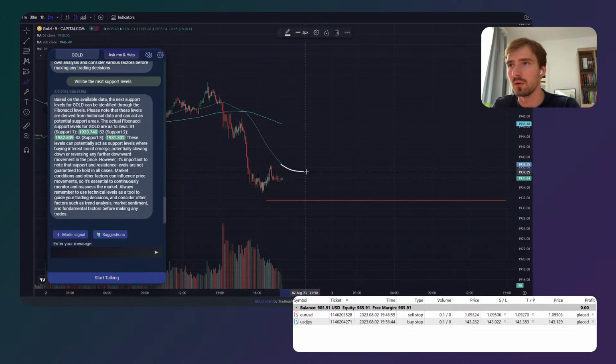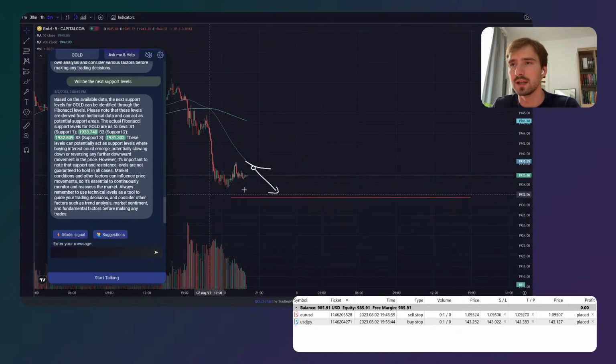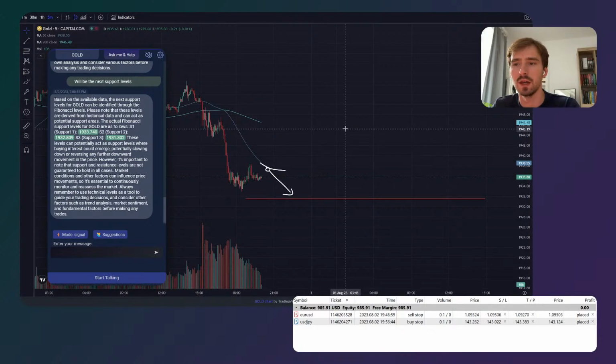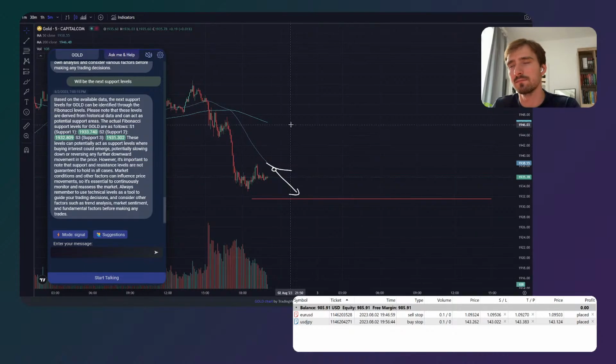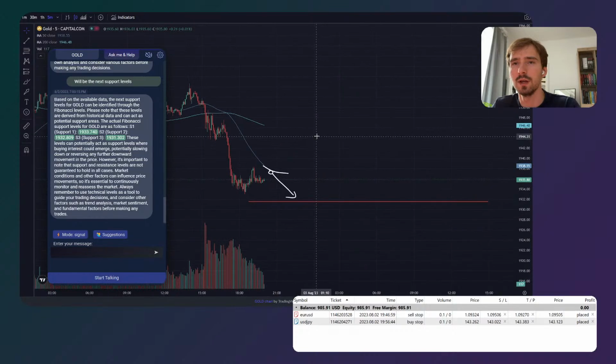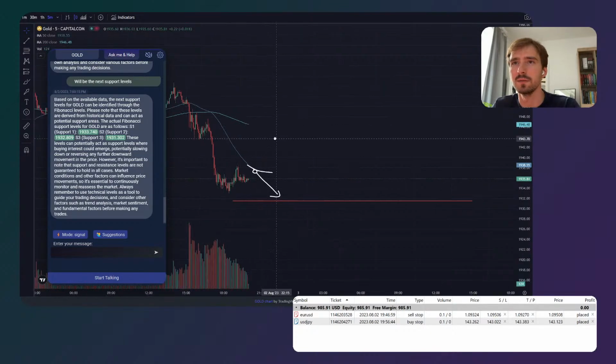Let me prolong this so you could get to somewhere around here, bounce off and aim for this lower Fibonacci level, zone of support area, basically. So that's my idea, yeah, I guess. So yeah, I hope that answers your question.